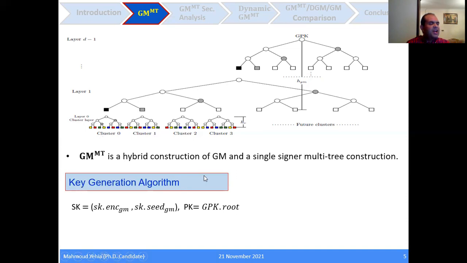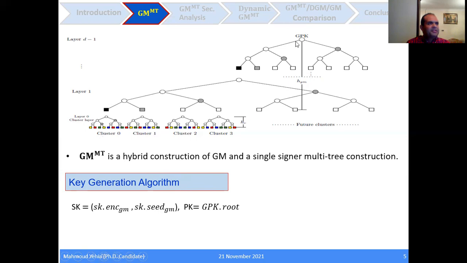Here, for the key generation algorithm, the group manager randomly samples the secret key.enc, which is used to reveal the signer's identity, and the secret key.seed, which is the secret key for each stateful hash-based signature scheme.